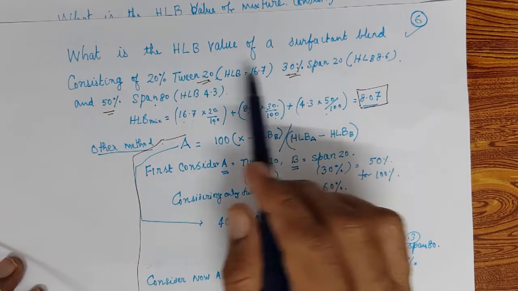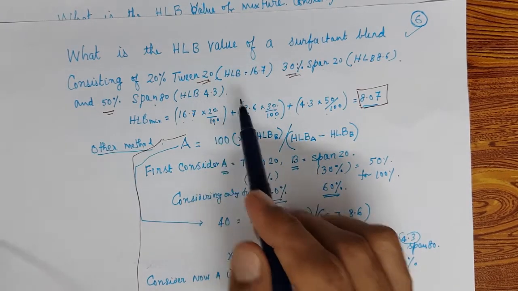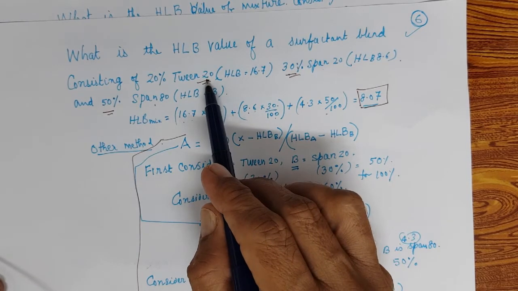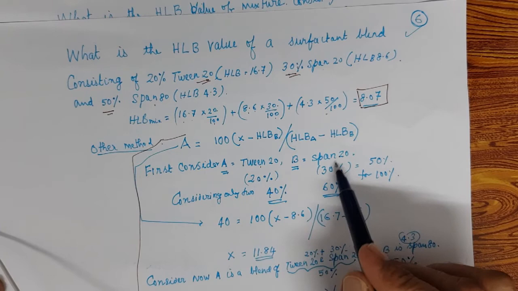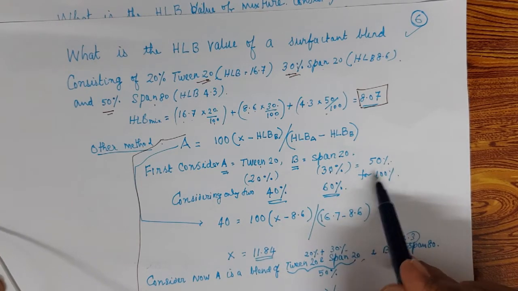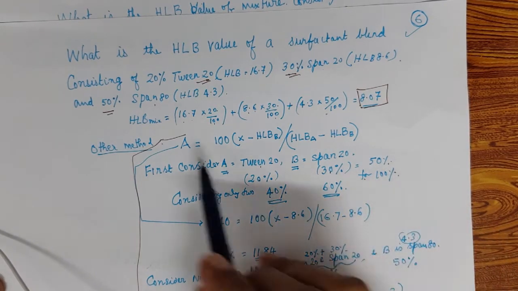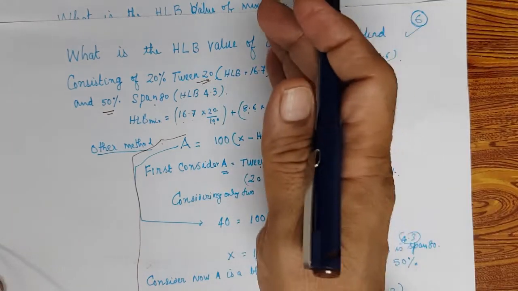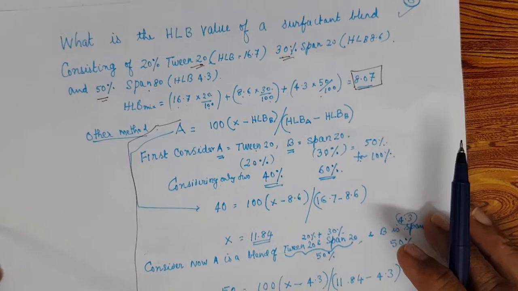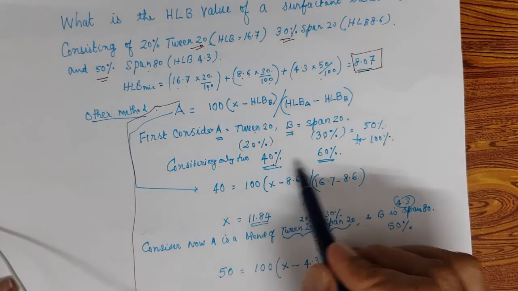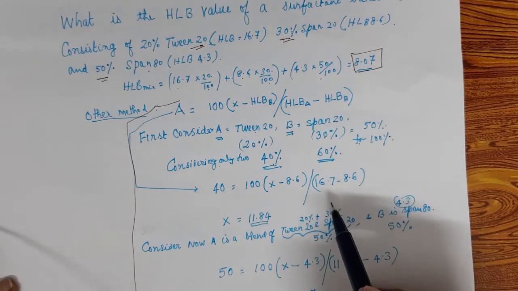When you calculate as 100%, Tween 20 is 20%, Span 20 is 30%, and Span 80 is 50%. For 100, only considering two, we will not consider Span 80 now, it will become 40% and 60%, right?